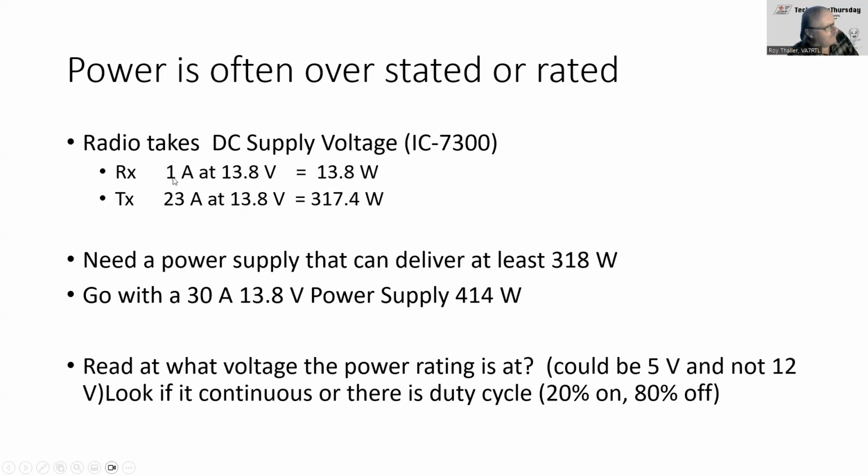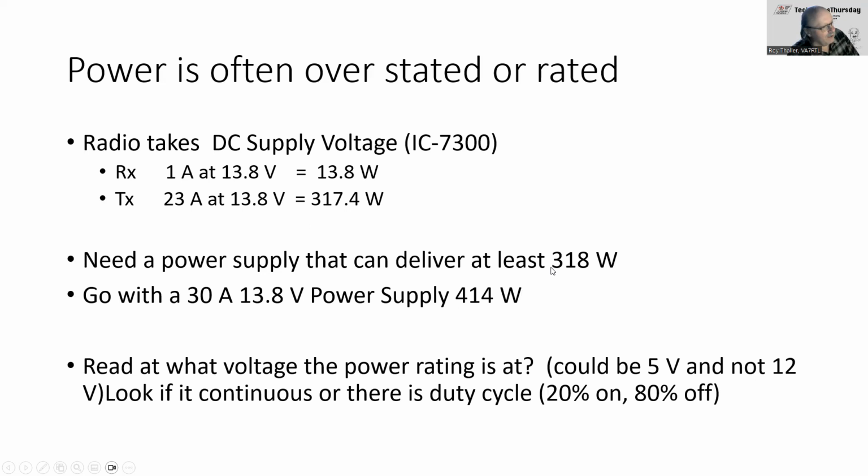If it's receiving, it might draw 1 amp of current, which is 13.8 watts. And if you're transmitting full power, they claim in the specifications it's 23 amps. So if you use the formula P equals I times E and multiply these together, you get 317 watts.